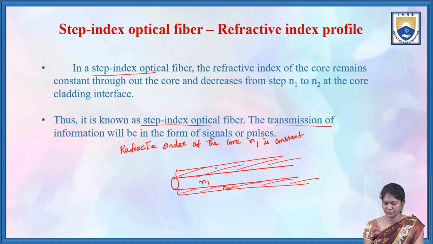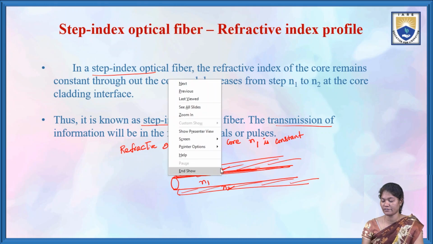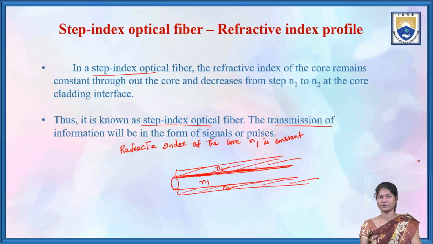This is N2. So at the interface here, there is a step change in the refractive index, that is at the core and cladding interface, N1 to N2.